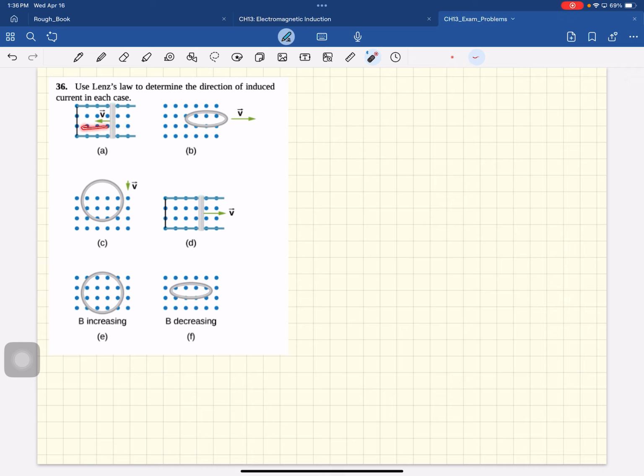If the conductor moves in this direction, what will be the direction of the induced current? When the conductor moves in this direction, the flux through this loop is decreasing, and so you want to increase the flux through that loop. So the induced current will have to be in this direction, because you stick your fingers out in that direction and the magnetic field will come out of the plane. So the induced current will be in this direction.